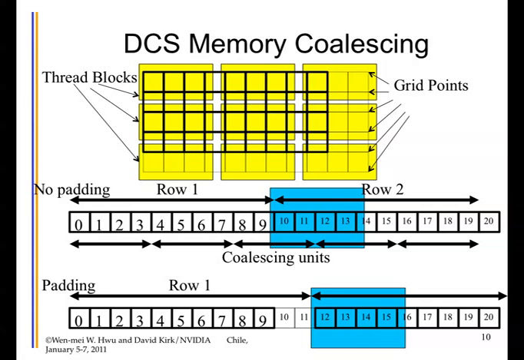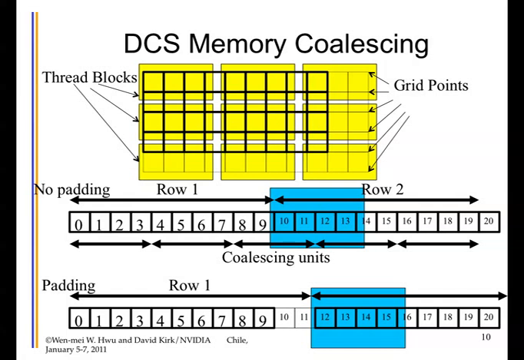And Fermi actually can use the cache to fix this kind of problem. So this is one of the reasons why I said the Fermi cache is actually designed to fix some of these problems. If you use Fermi cache, you should be able to still get coalescing effect, even though you have these misaligned coalescing units. Okay, this makes data structure padding less critical for many applications.